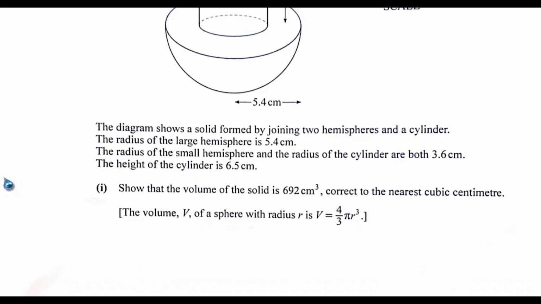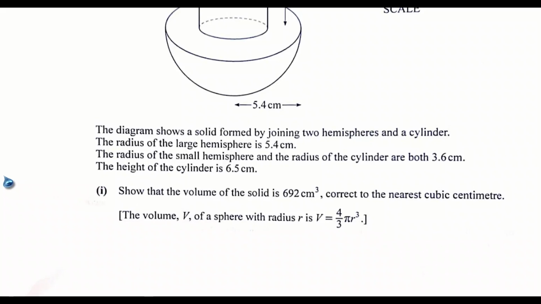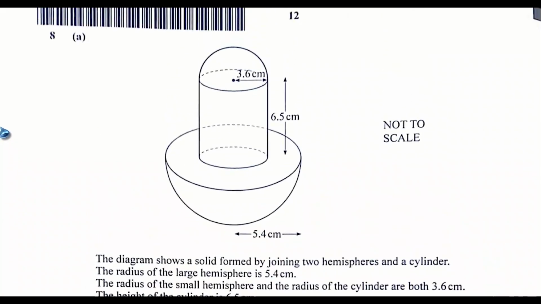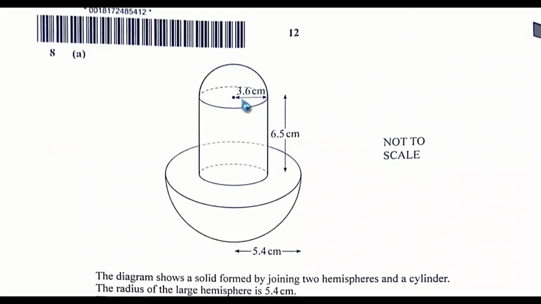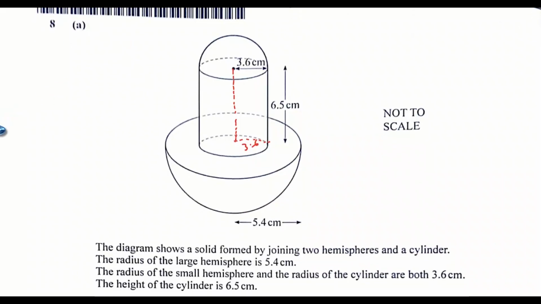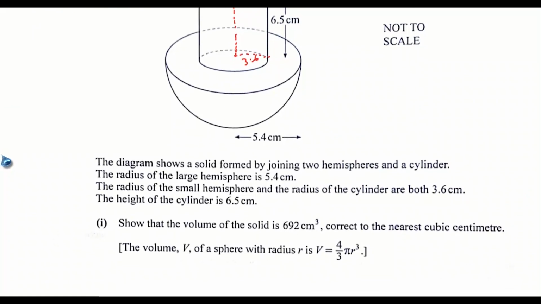The volume of a sphere with radius r is given as 4/3 pi r cubed. From here we know that this is the height of the cylinder, and the radius of the small hemisphere is 3.6, so the radius of the cylinder is also 3.6 centimeters. From this we want to calculate the volume of the solid.